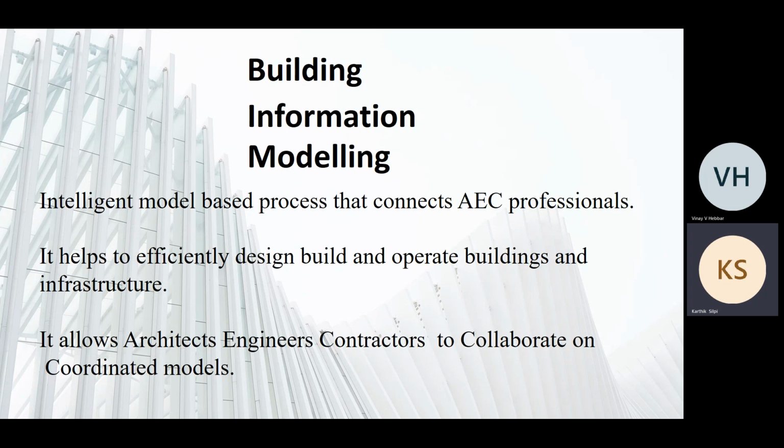Coordination is when the same team is working, like in an architecture firm, the company may have 20 employees. 20 employees may work on the same file, and at the end of the day, all the work should be merged, right? That is called coordination. So with BIM, all the stakeholders can collaborate and coordinate.